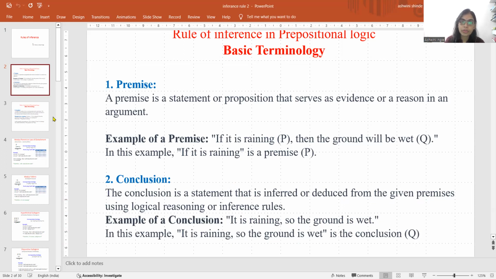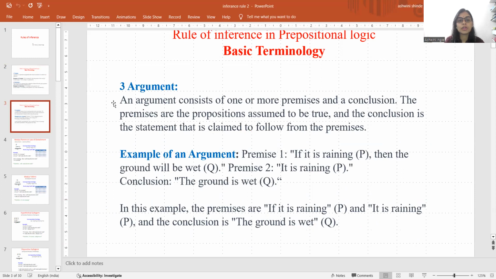Next terminology is argument. So what is meant by argument? An argument consists of one or more premises and a conclusion. The premises are the propositions assumed to be true, and the conclusion is a statement that claims to follow from the premises.